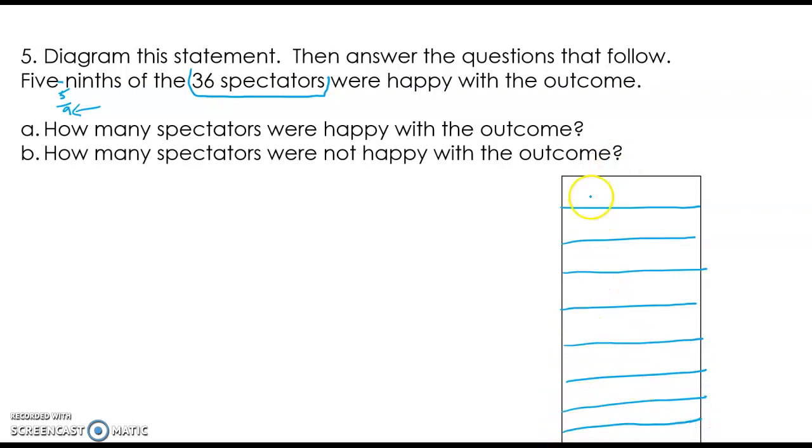They're not all the same, but they are all the same in theory. And this is my total of 36. So what I'm going to have to do first to find out what goes in these boxes is divide 36 by 9, which is 4. So all of these are 4.